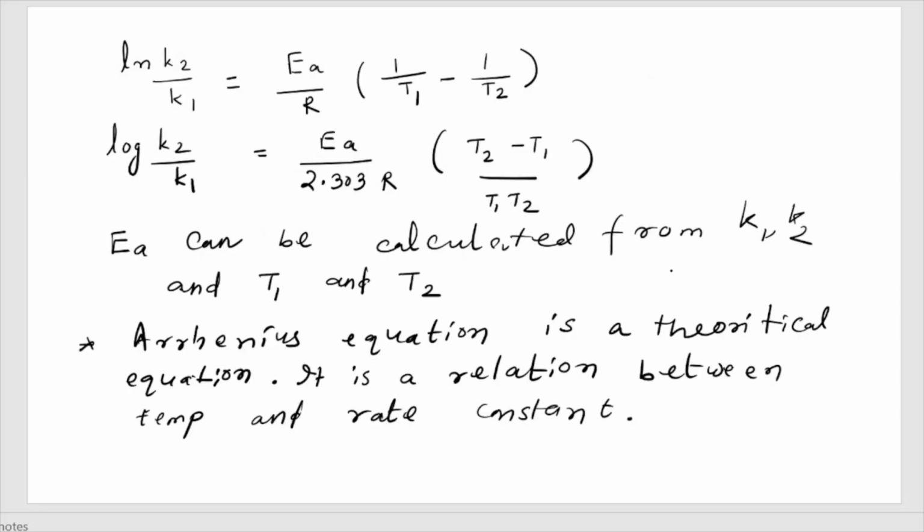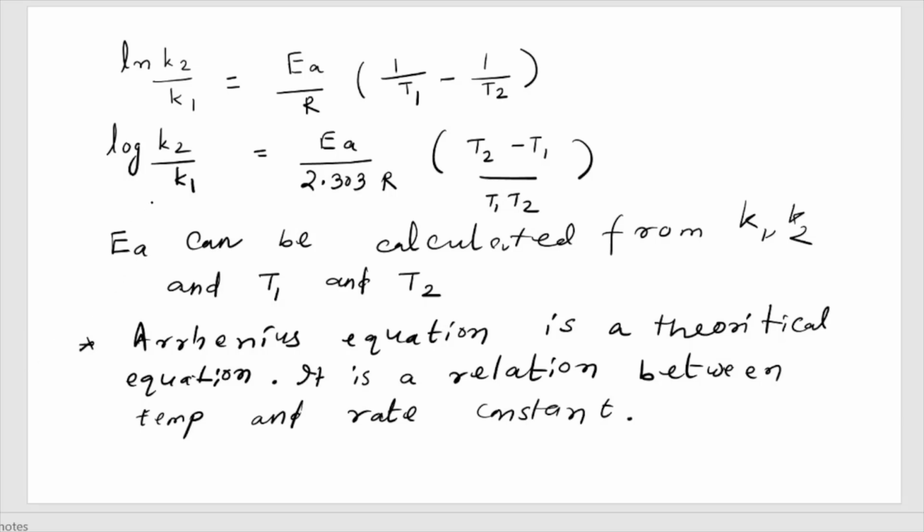Here ln K2 by K1 equals EA by R into 1 by T1 minus 1 by T2, in brackets, without the 2.303 value.